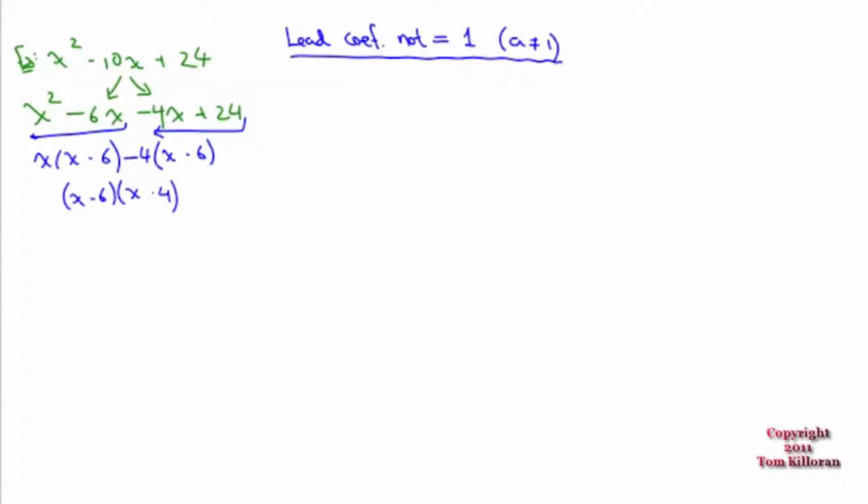So for instance, something simple. This one. 3x squared plus x minus 2. Now, when you cannot remove that factor of 3 from the front, this is the technique you need to use.